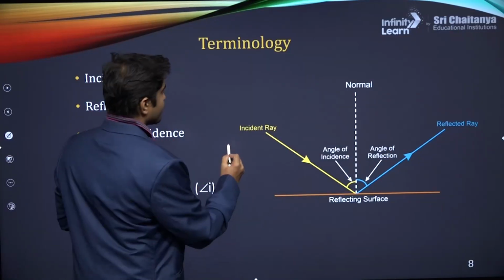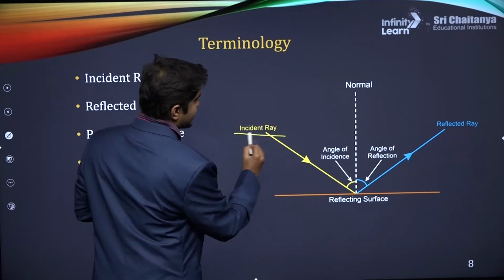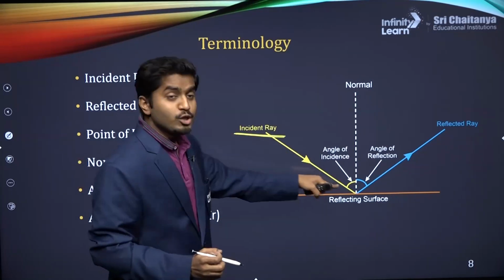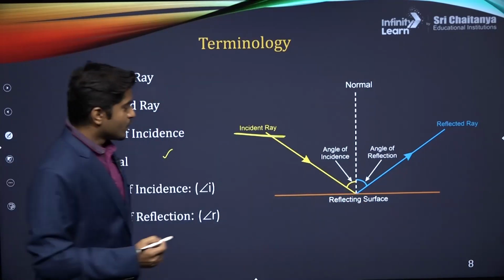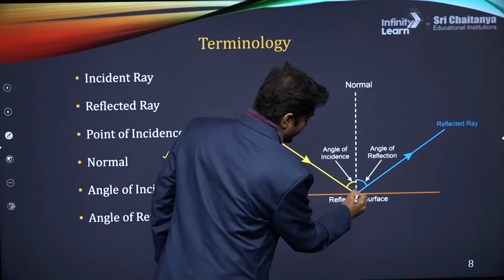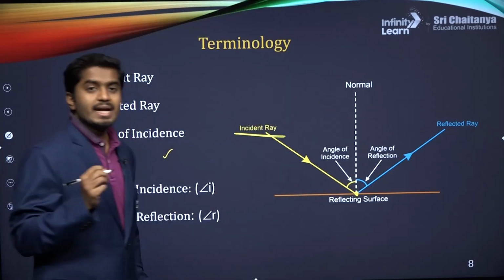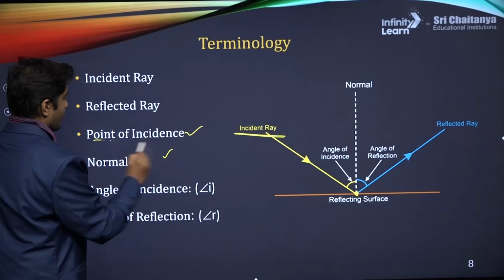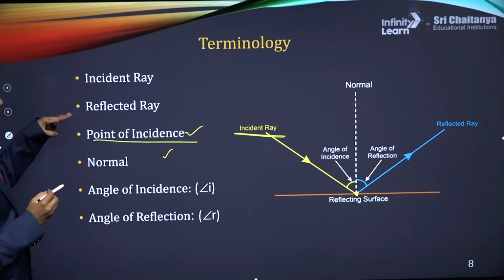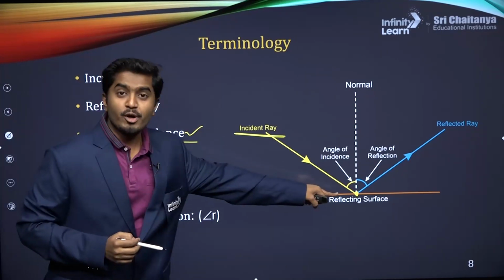So what are these? This one here is the incident ray. The ray which is going towards the mirror is called the incident ray. This point here is called the point of incidence. This is the incident ray, then the point of incidence.